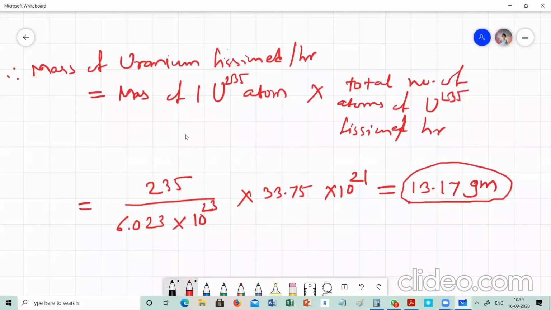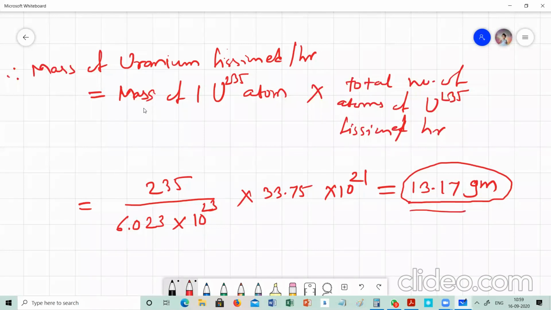Finally, we calculate the mass of uranium fissioned per hour, which is equal to the mass of one uranium atom, 235 divided by 6.023 into 10 raised to 23, times the total number of atoms per hour, 33.75 into 10 raised to 21, which yields this number.